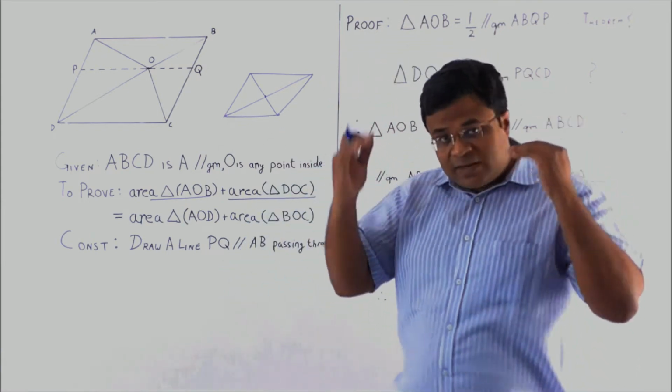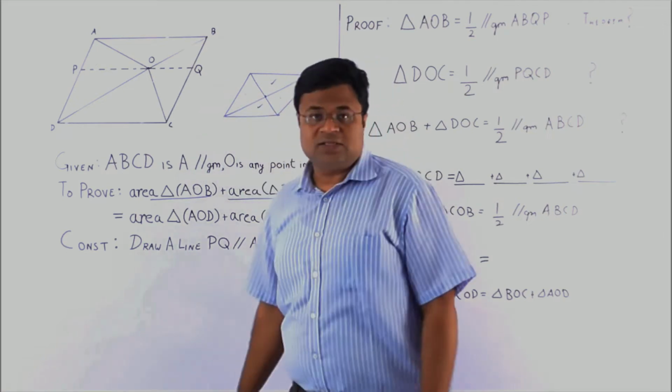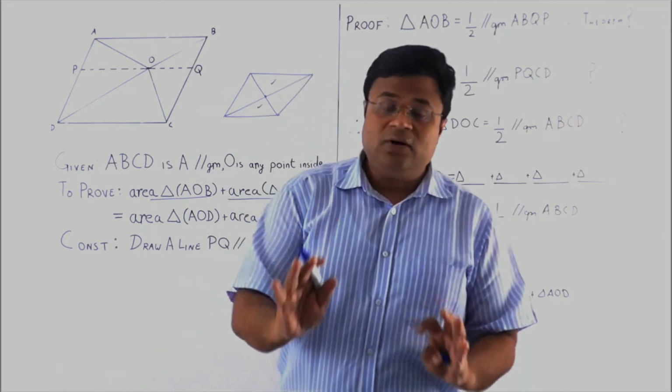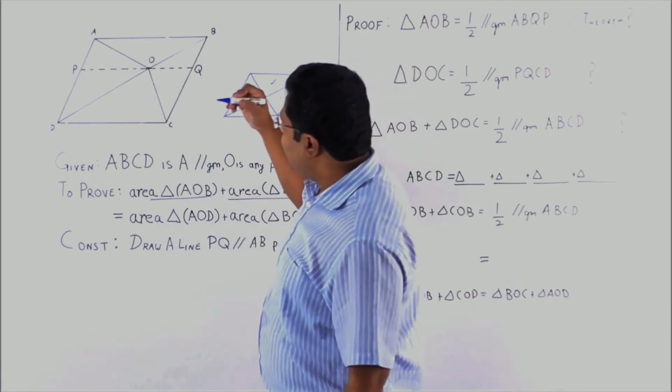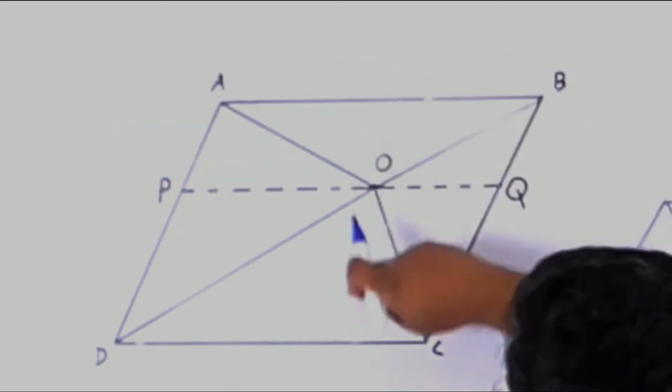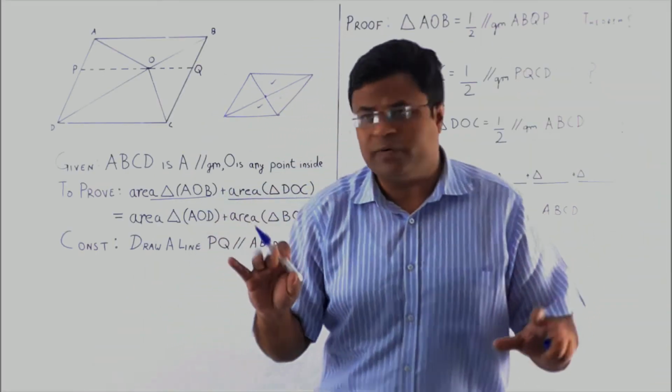Then your mind will keep thinking that these two triangles are congruent and these two triangles are congruent. You don't need to do that. You just take a general point. Once you do, you are clear that these two triangles are not congruent.